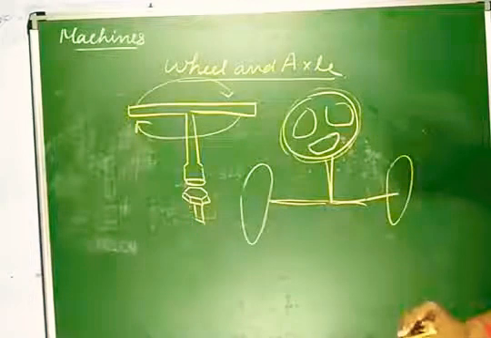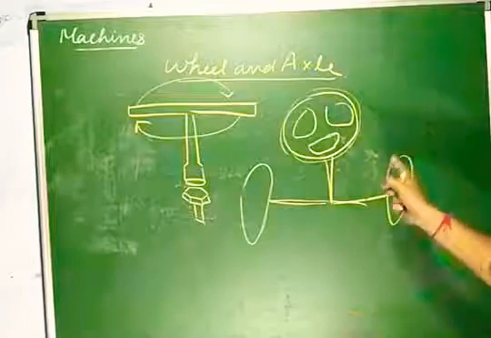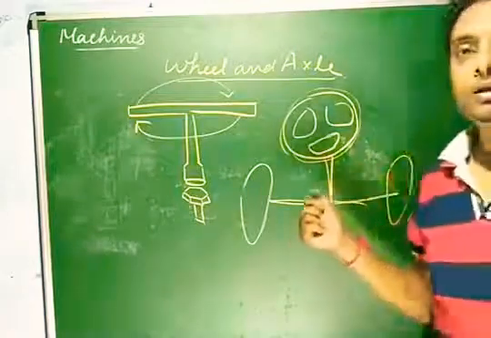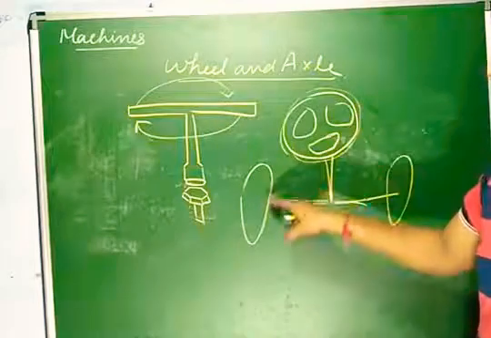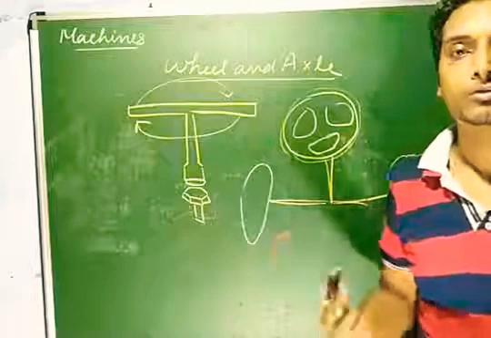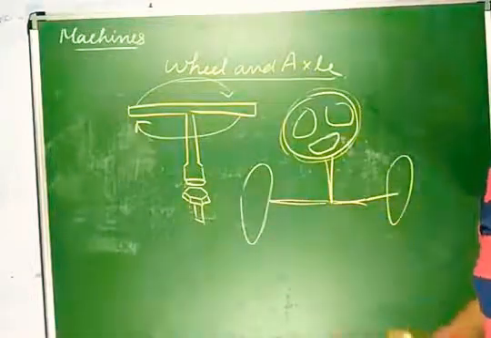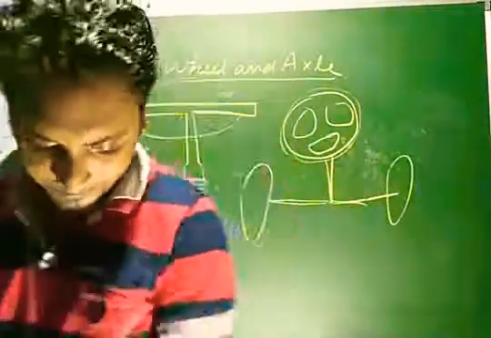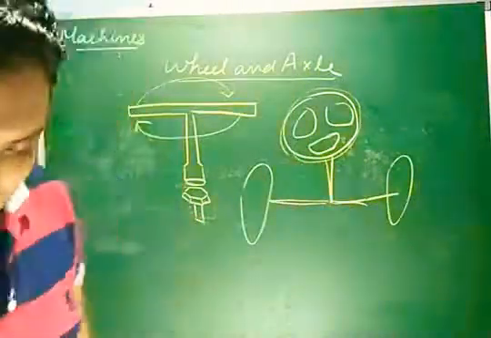So just by rotating this we can multiply our force to move the wheels of the vehicle. Is it clear? So this is only the application of wheel and axle.